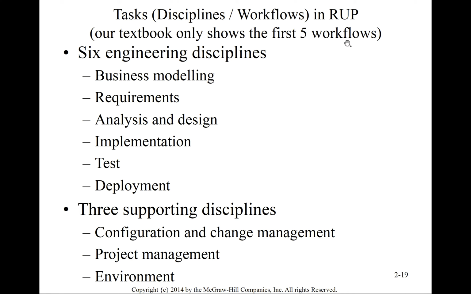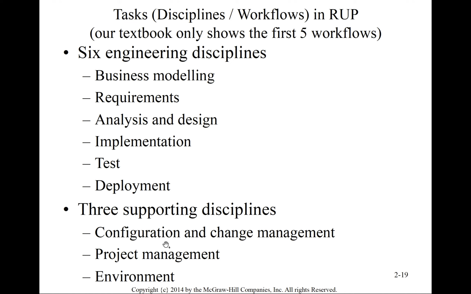Somehow the textbook only shows the first 5 workflows, but in the later, newer definition of RUP, there are a total of 9 disciplines or workflows. So there are 6 technical or engineering disciplines, and then 3 supporting disciplines.